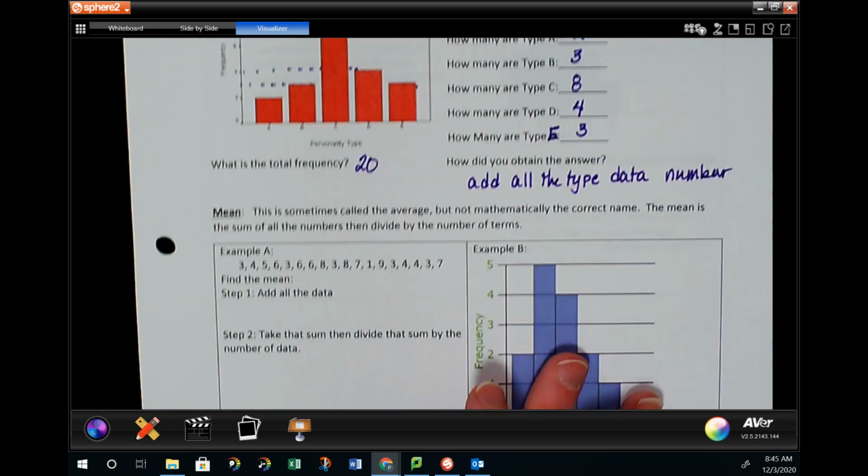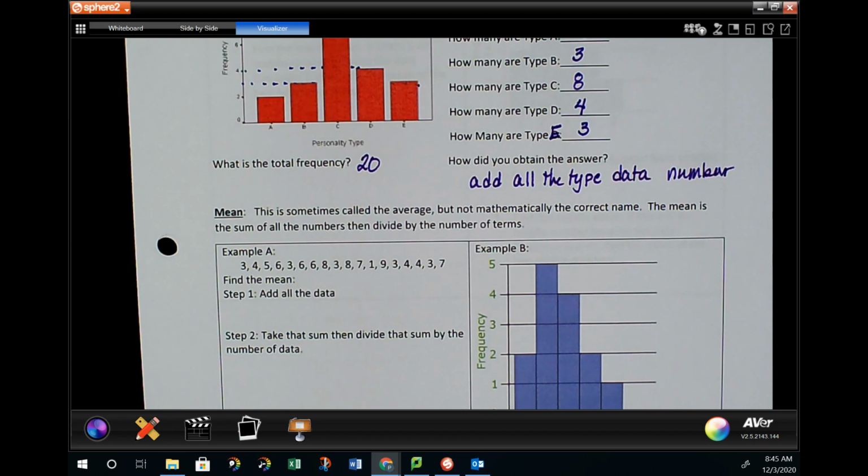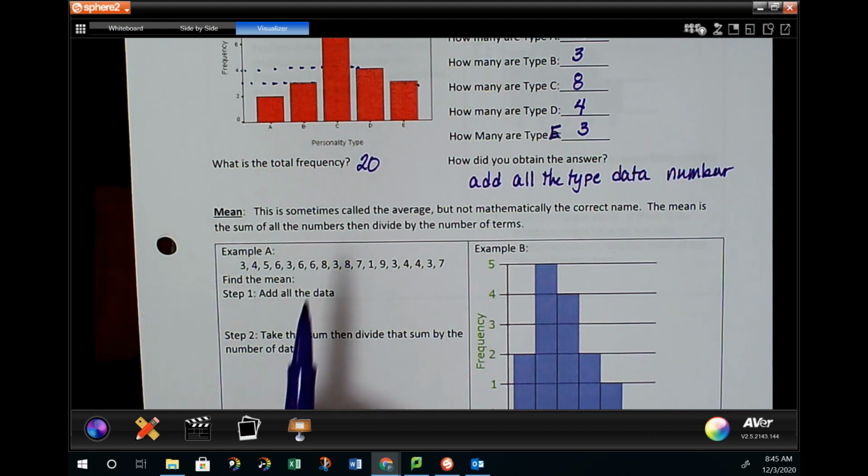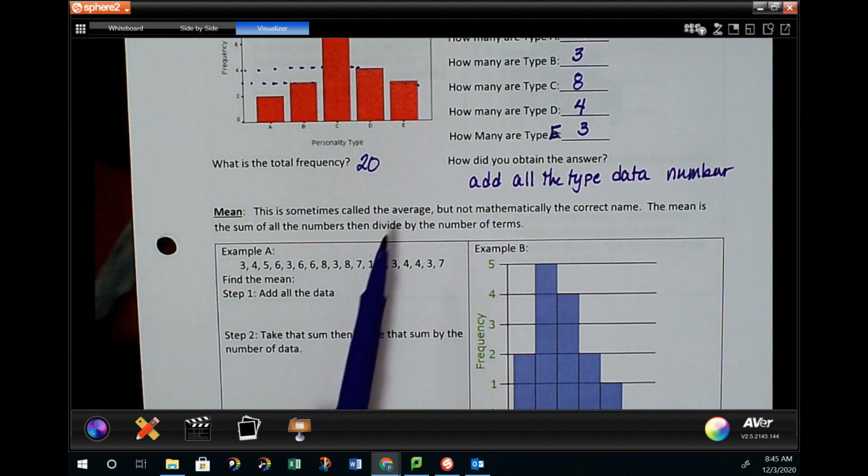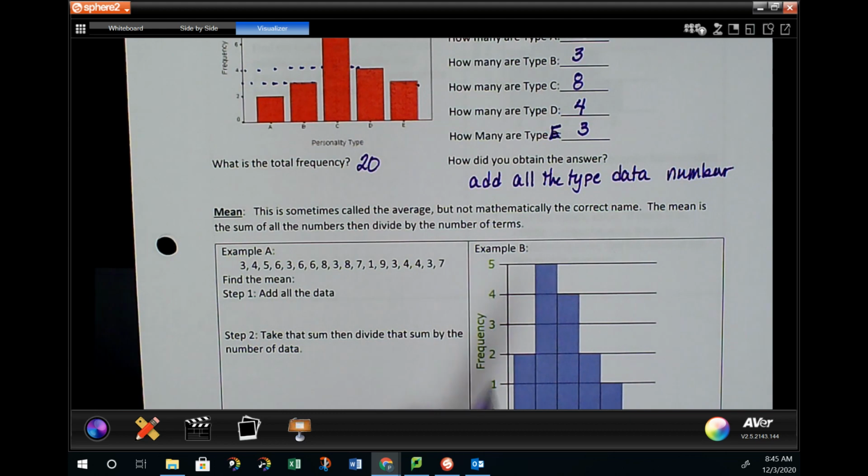So then the next part is, what is the mean? And I'm giving you 2 different examples. I'm giving it to you in a frequency table, and then I give it to you in just a list of numbers. And the mean, sometimes we call that the average, but that's really not mathematically correct. The mean is the mean. The average is actually looking at 3 different things: the mean, the median, and the mode.